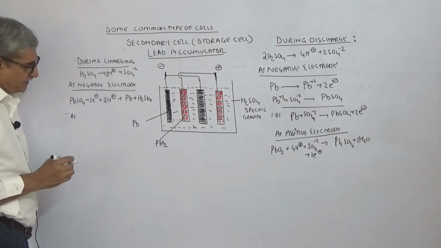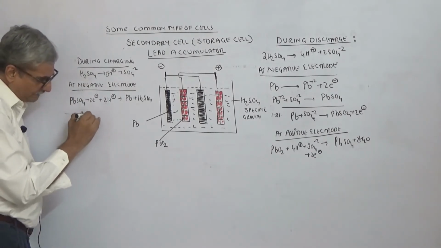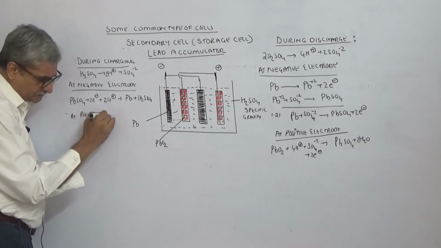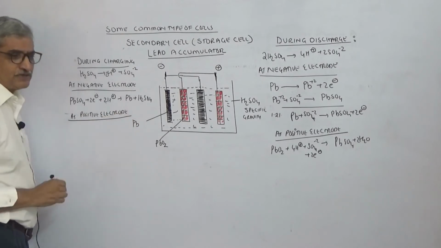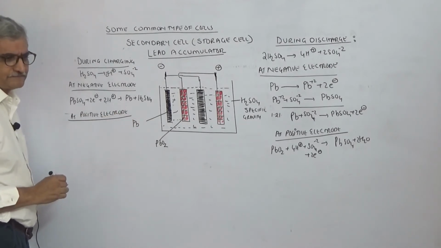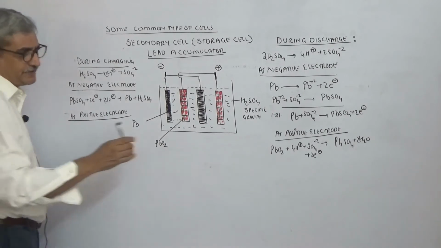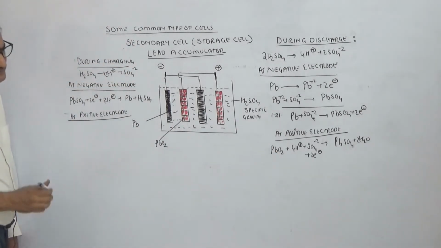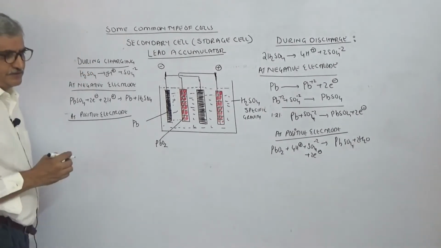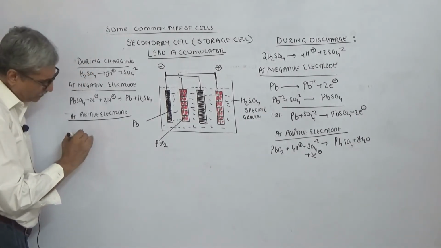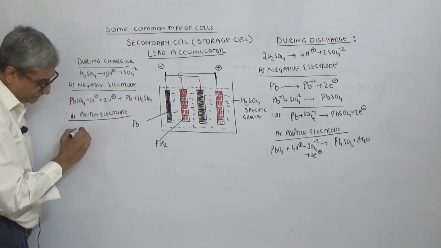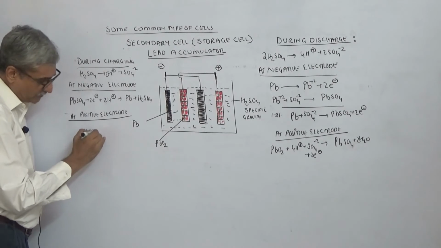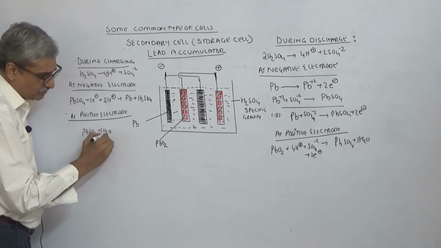At the positive electrode, what is going to happen? You have the exact reverse of this. You have PbSO4 plus 2H2O.